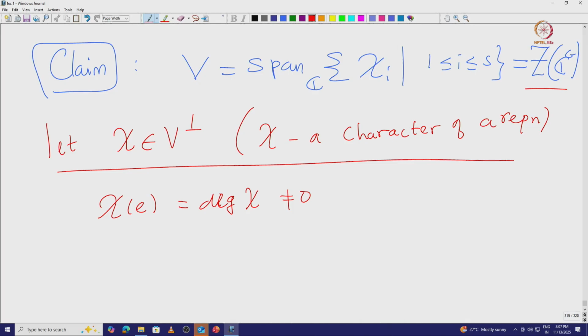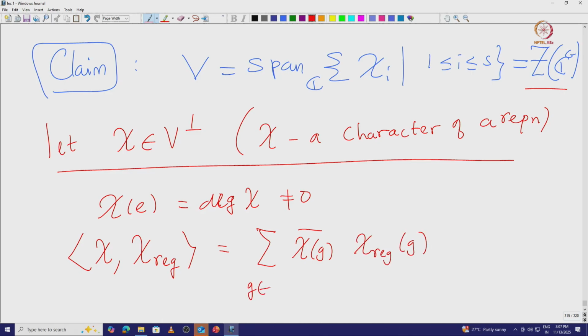Since this is non-zero, by computing the inner product between chi and chi regular, we can see that this chi of E cannot be non-zero. So, let us compute the inner product between chi and chi regular. By definition this is the summation of chi of g bar times chi regular of g, with the average.